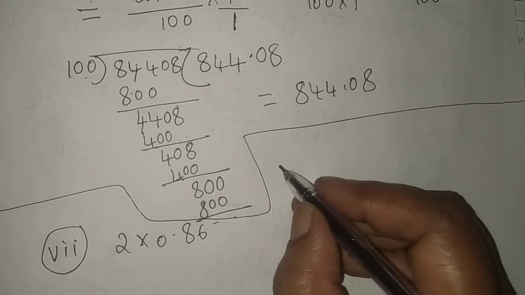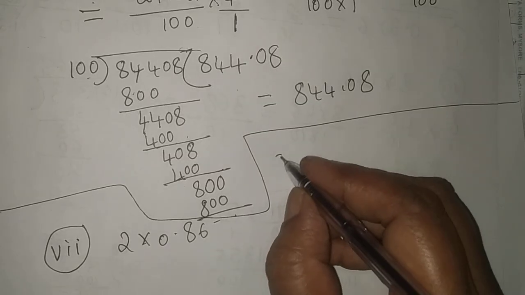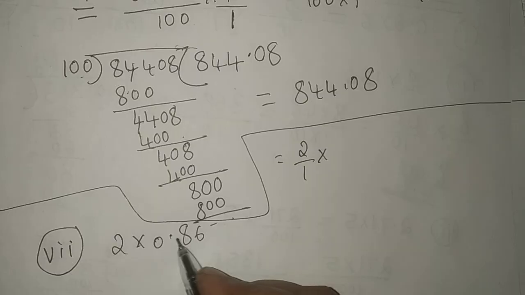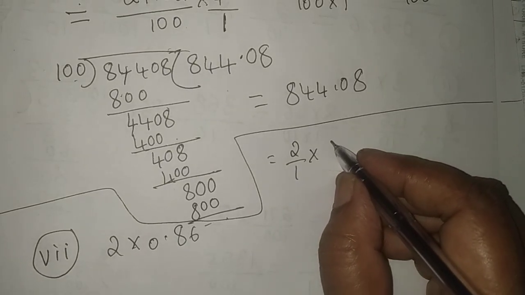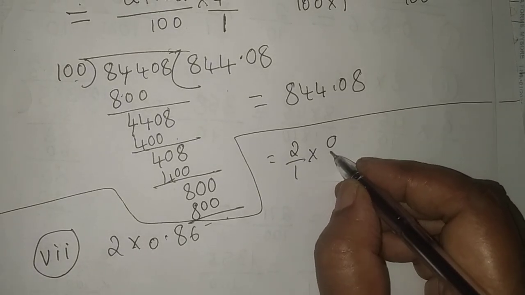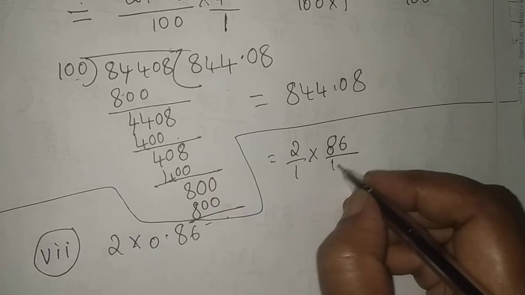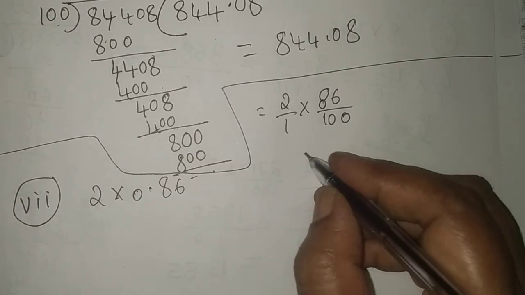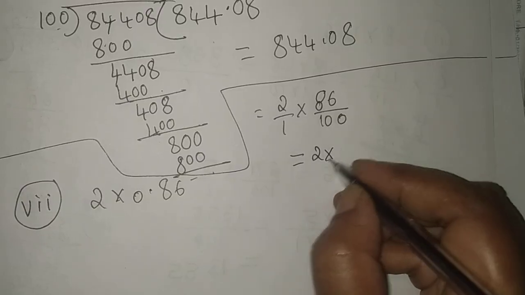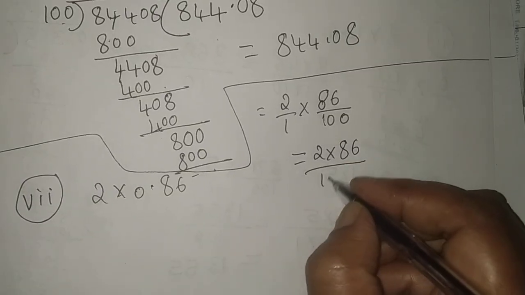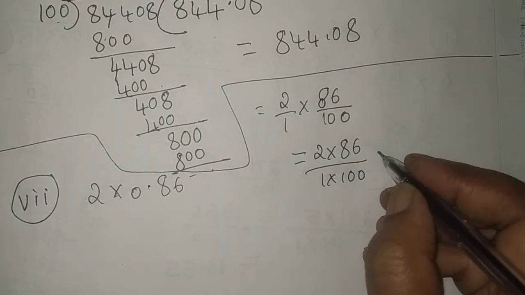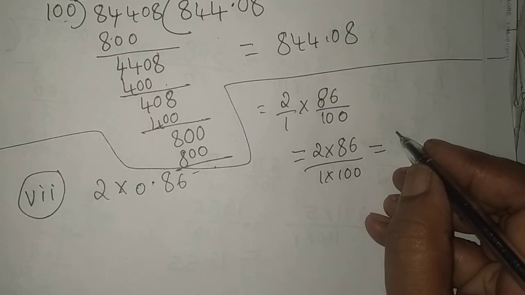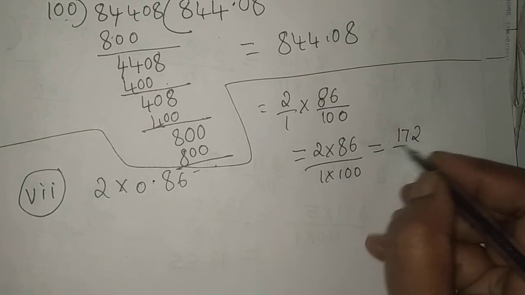Now the last one in the first question is 2 into 0.86. We can write it as 2 by 1 into, there are 2 digits after the decimal point, therefore write 86 by 100. So this will become 2 into 86 by 1 into 100. 2 into 86 will become 172 by 100.